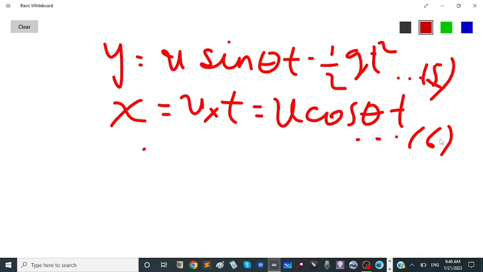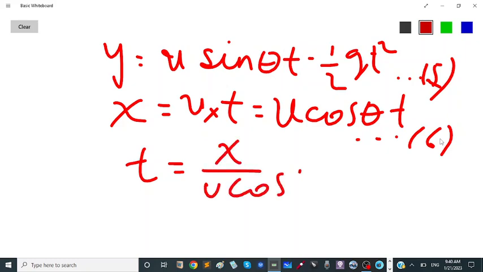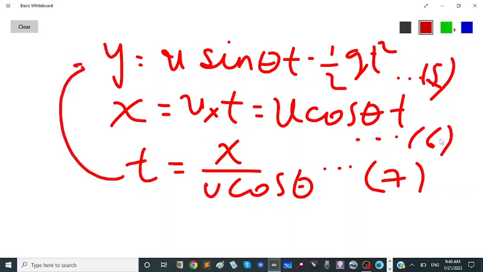So t is equal to, from this one, x over U cos theta. This is 7. So let us substitute this value into this value. Okay, substitute.